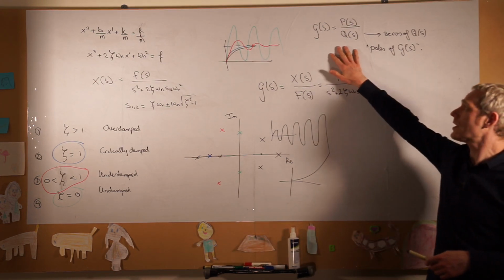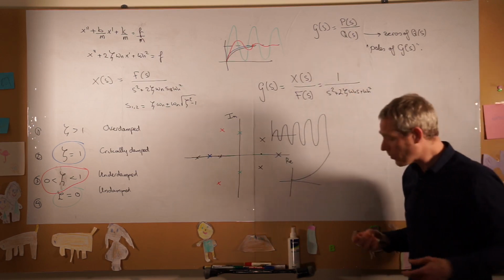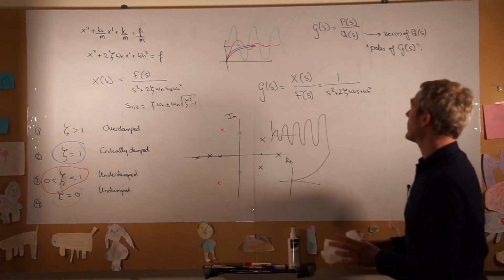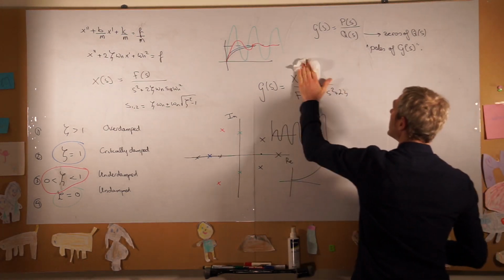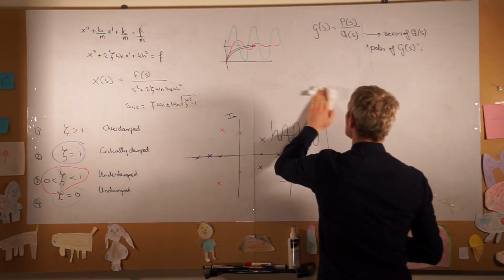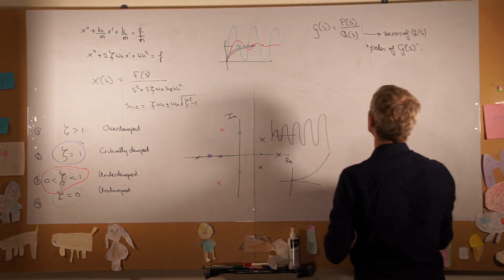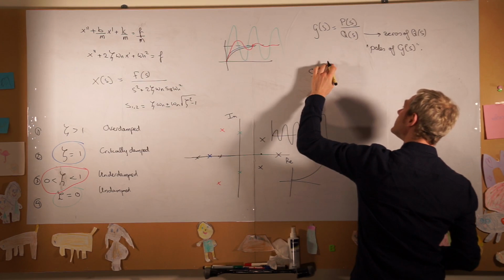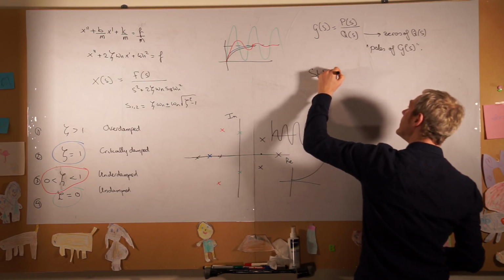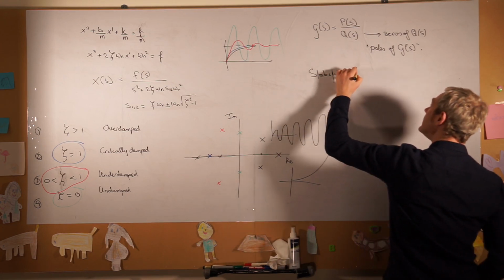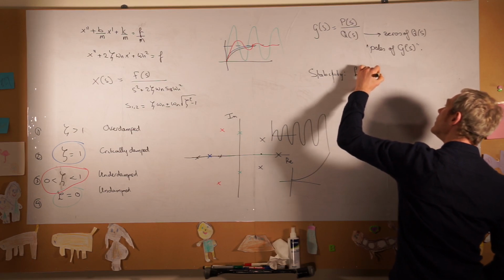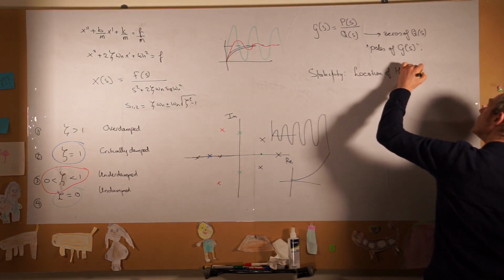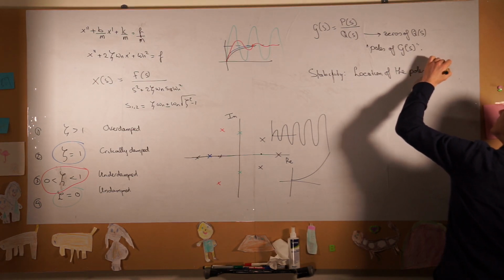So when we look at transfer functions now, what we're really interested in is where the poles of our transfer function lie. So for stability, the location of the poles of our transfer function matters.